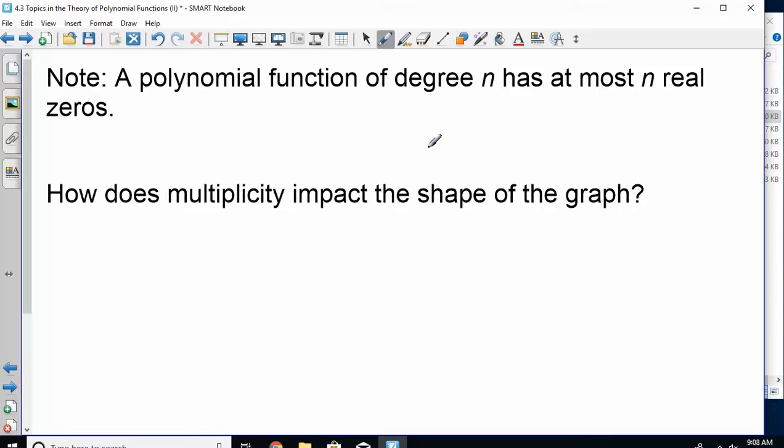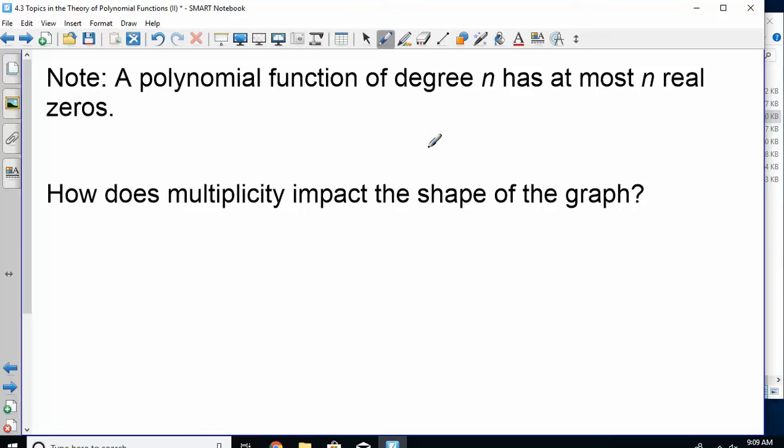Now, this says it a little bit different. Degree n has at most n real zeros. Whatever your degree is, that's the number of zeros you can get. But they don't all have to be real numbers. Some might be real, some might be imaginary. However, when we graph it, can we graph our imaginary numbers? No. So in terms of graphing, we're just looking at the real zeros.